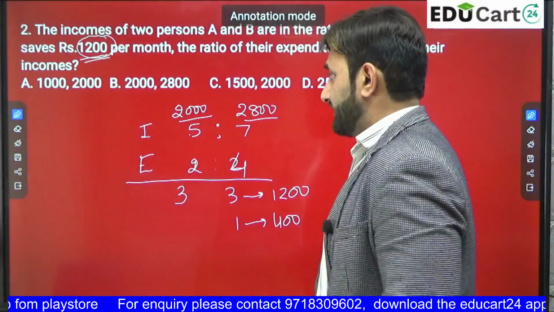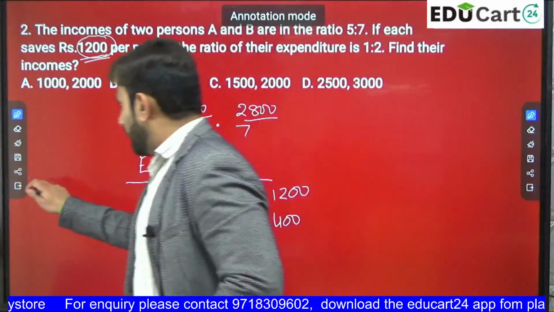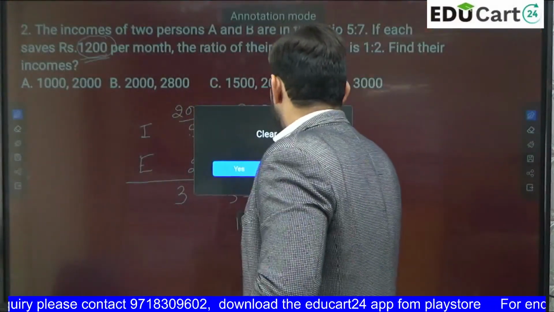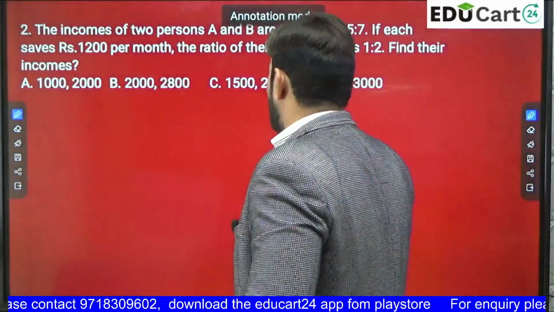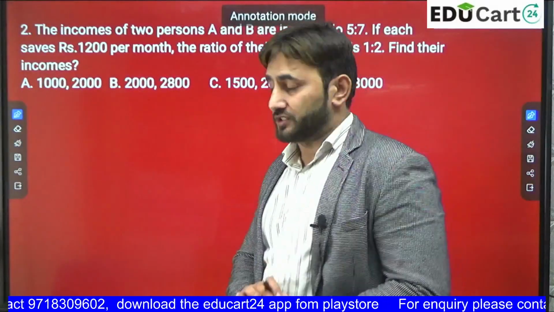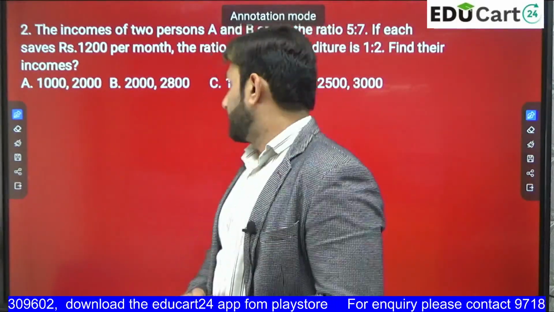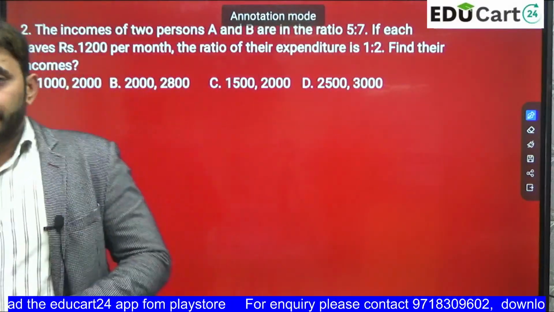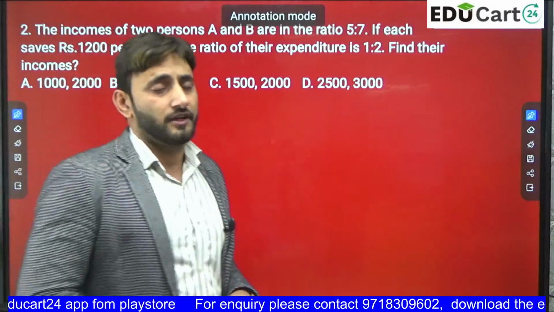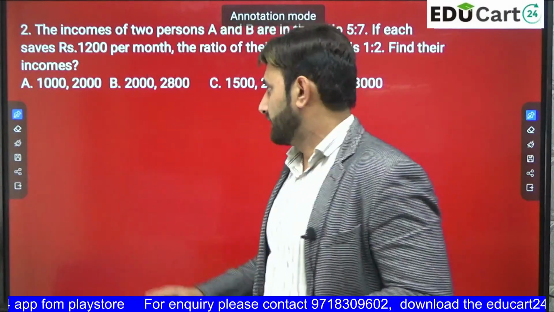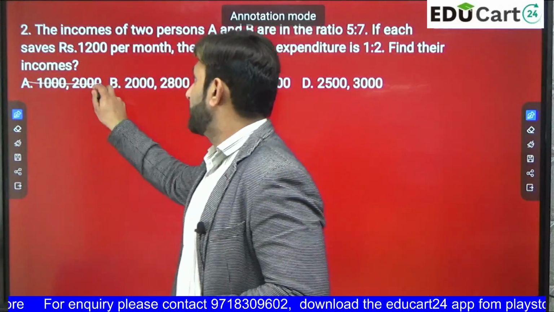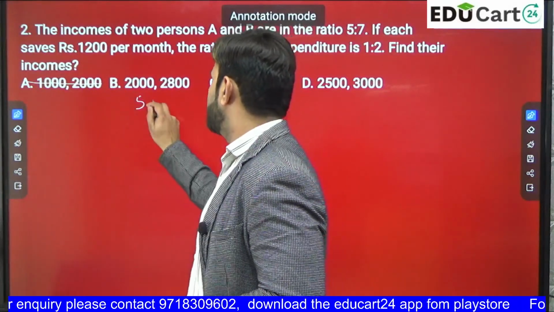Now let us see the option method. Because the ratio of their incomes is 5:7, if you check, there is only one option which is satisfying this condition. The ratio of the incomes is 5:7, and upon checking, you got to know that this is 1:2, so is this 5:7?